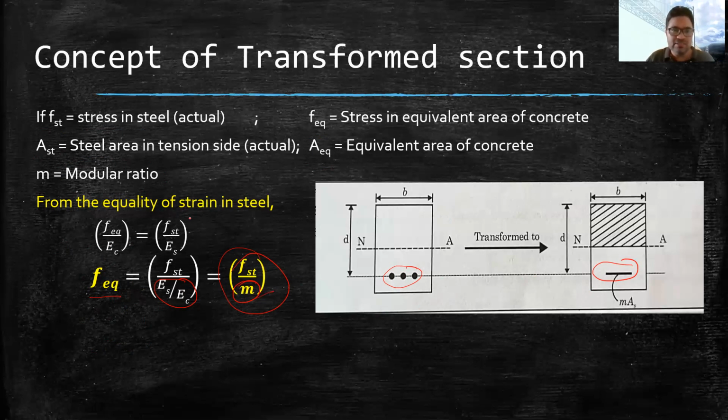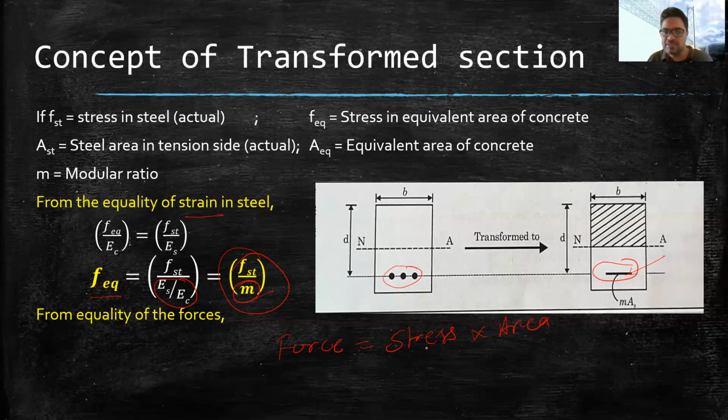Using this statement. Now the another statement was the force experienced by this steel and force experienced by this equivalent area should be same. Now we know that force is equal to stress into area.